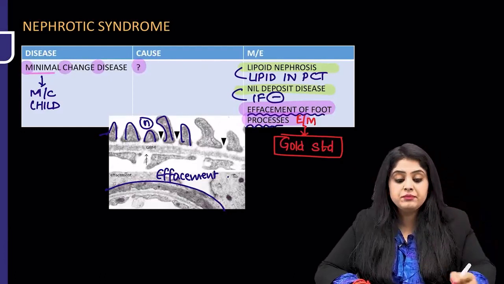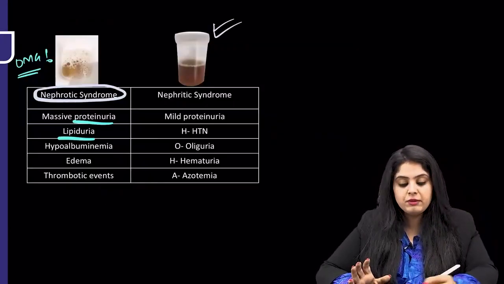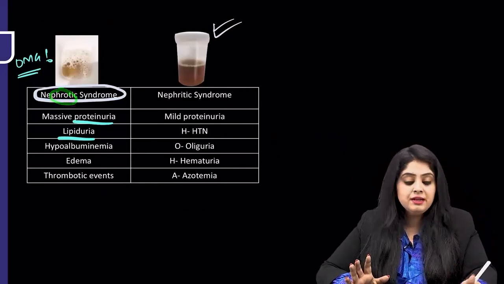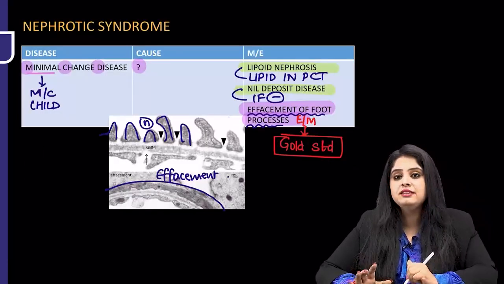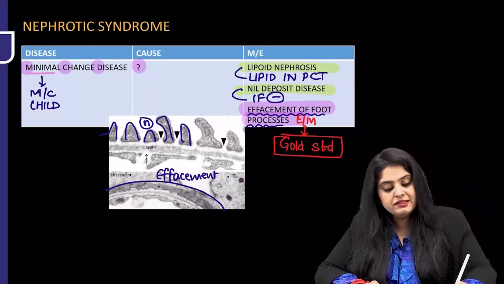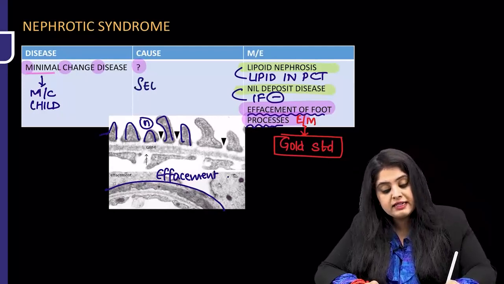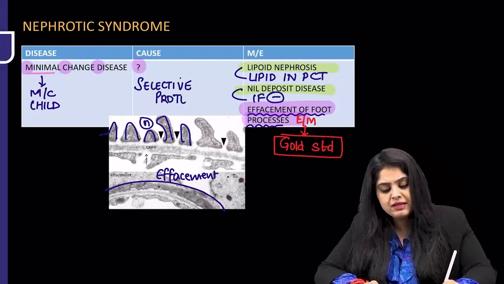I'm not repeating some things: it is a nephrotic syndrome. Nephrotic means everything is oh-my-god type. Massive proteinuria, all the proteins will come out. But please remember, this tends to show you selective proteinuria. Selectively, which protein is coming out? Selectively albumin is coming out in the urine.